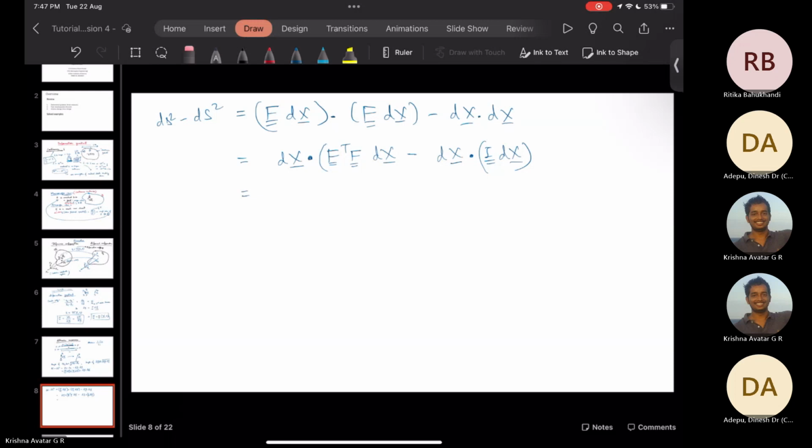Then what we do is let's take d capital X common from both sides, so from this side we'll have F transpose F, and even from the right hand side.